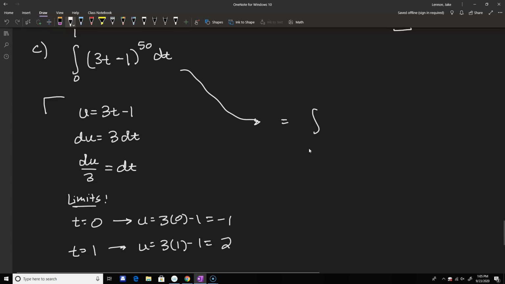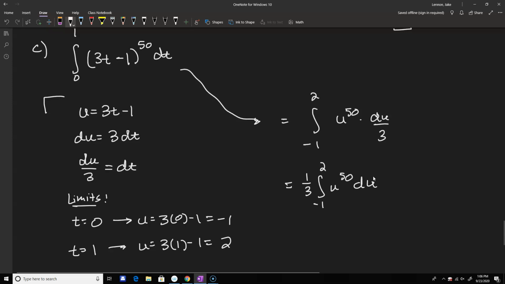So it's now the integral going from negative 1 up to 2. We have a 1/3, so it's u to the 50th times du over 3. So we just have a 1/3 in front, basically. So we have 1/3 the integral from -1 to 2 of u to the 50 du.